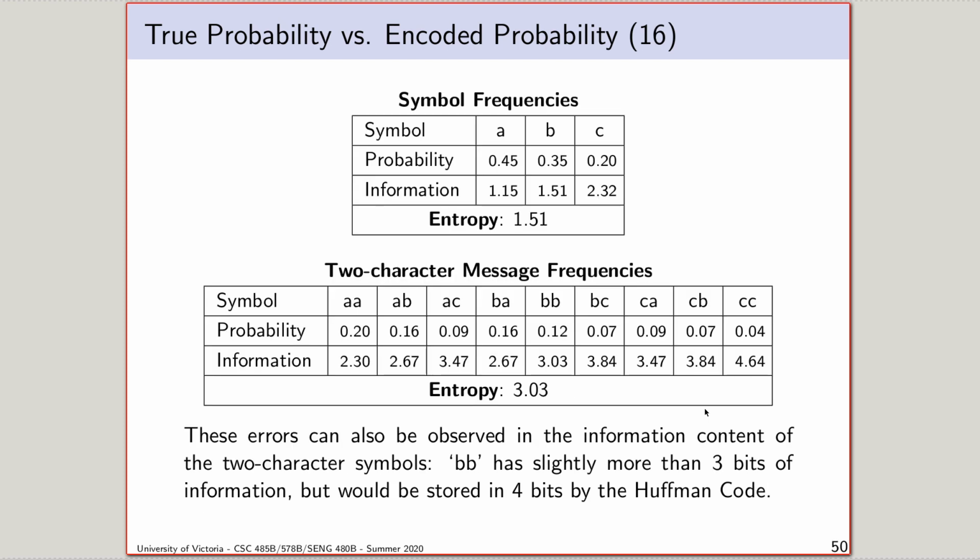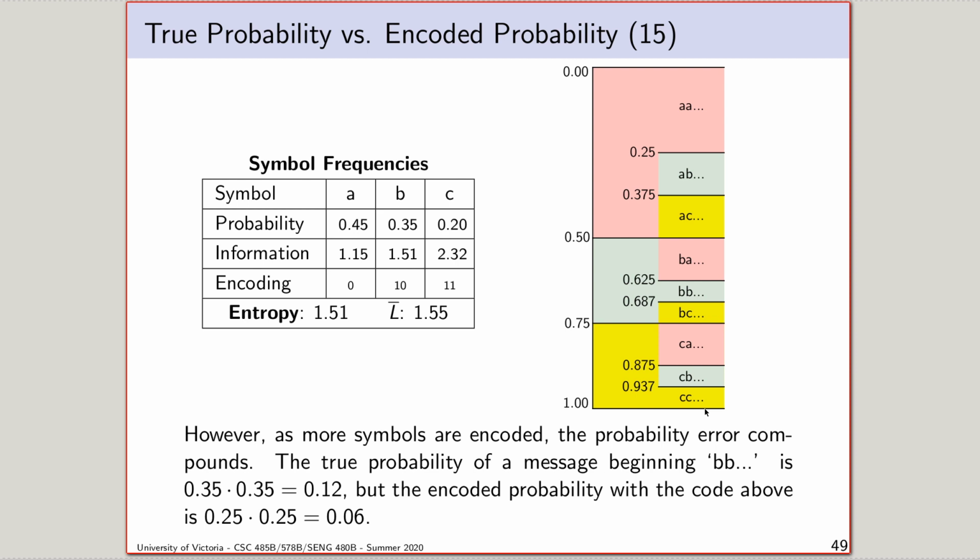So we can observe, for example, that the message beginning with BB has a true probability of 0.12, but its encoded probability, because B is underrepresented, so BB is even more underrepresented, is only 0.06. That's half as much.